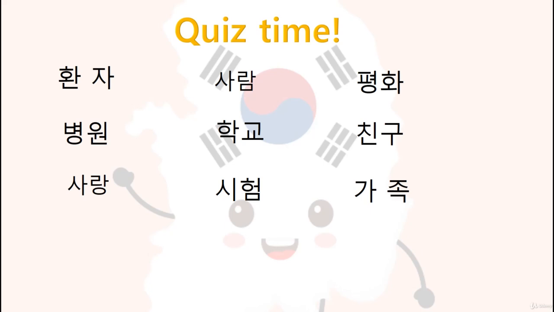Okay, all right. I hope you did that, and I will reveal the answers again one by one. All right, 환자. Okay, patient. Don't worry about understanding what it means, because in our future lessons we're going to do a bunch of vocab.